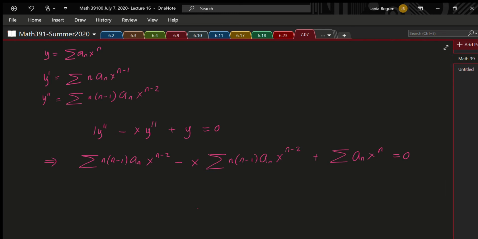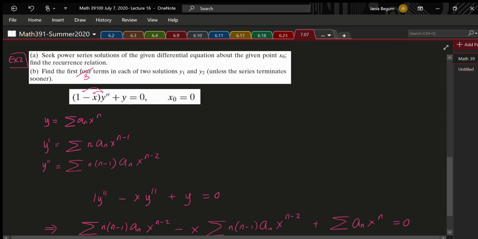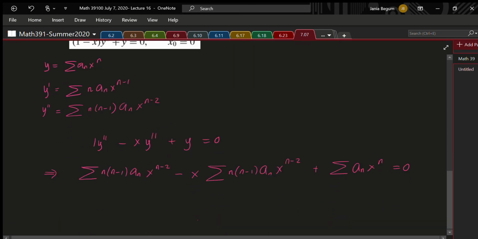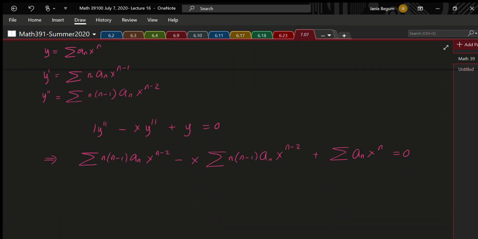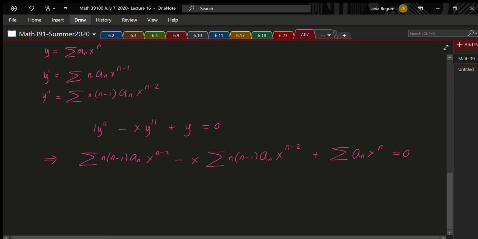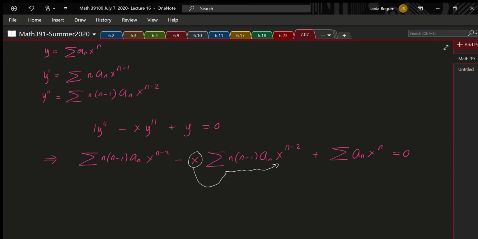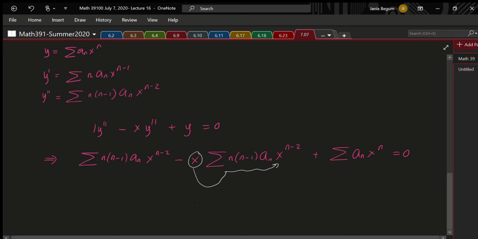No, that's not a mistake. That's okay. We have the second derivative twice if I distribute. Yeah, right. I need to move this x inside the summation so it combines with that one. You have to do that before you start rewriting in terms of k. So that's what I forgot. So hopefully you guys are not sleeping.